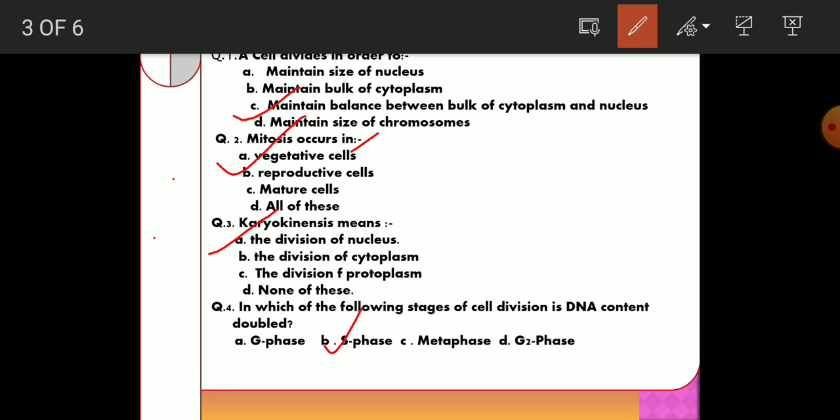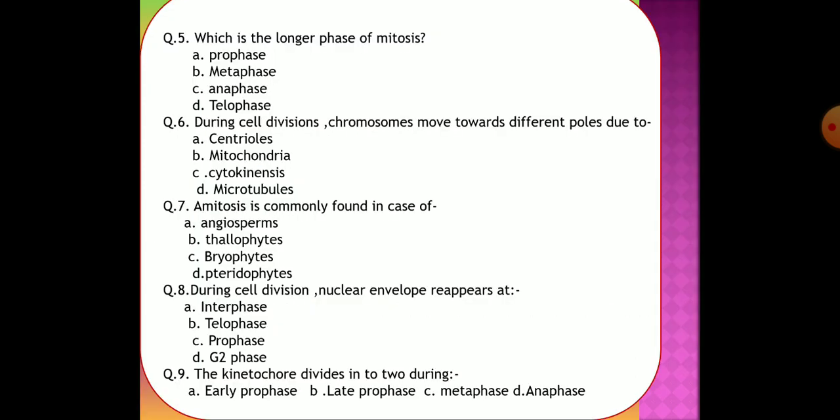So comes the next question, number 5: which is the longer phase of mitosis? Option A is prophase, then metaphase, anaphase, and telophase.